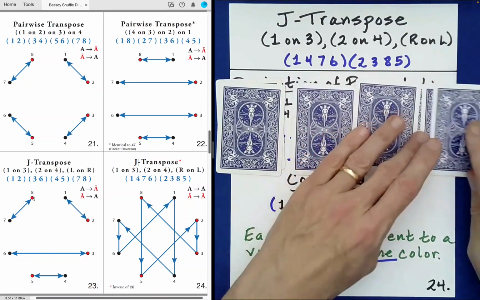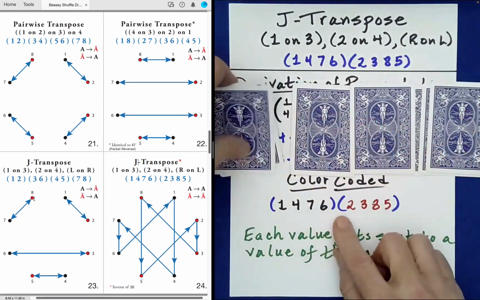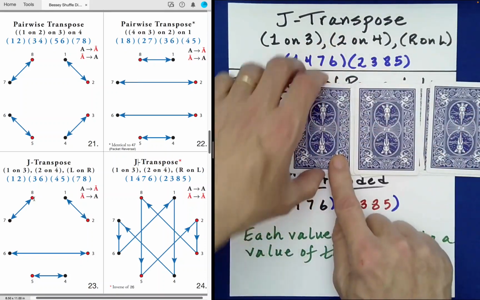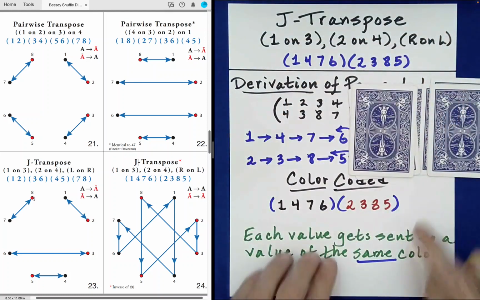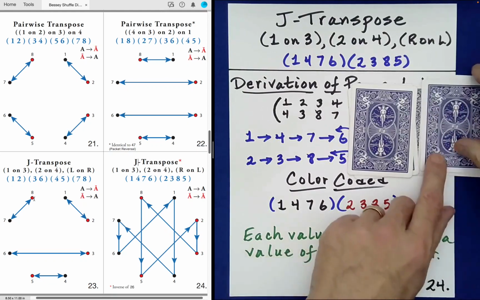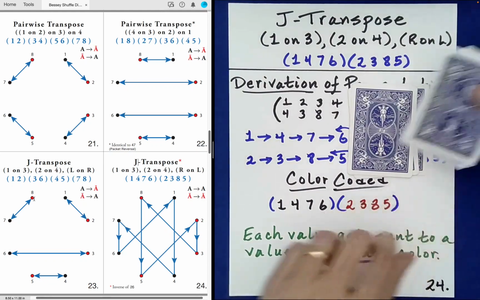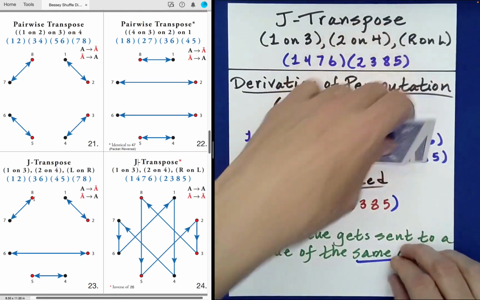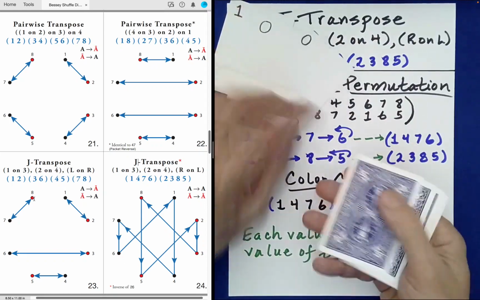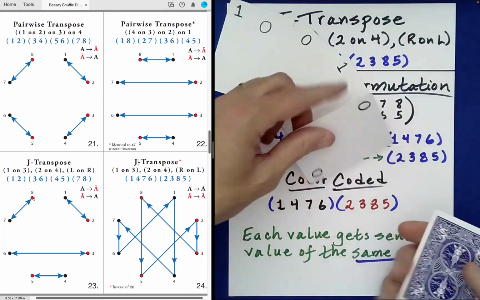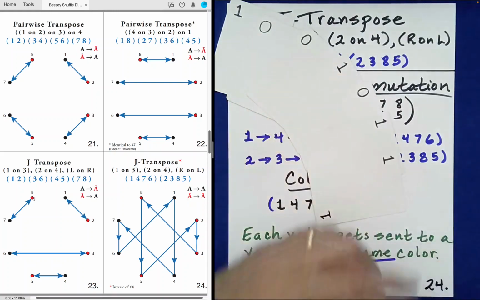Now we're stacking the first pile on top of the third, the second pile on top of the fourth, kind of a leapfrog stacking, and then the right pile here gets stacked on top of the left pile. So we should expect to get back 1, 0, 0, 1, 0, 1, 1, 0.